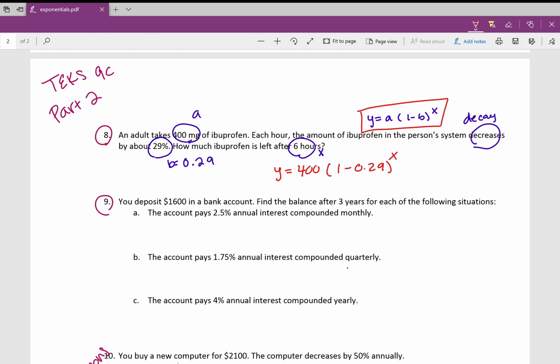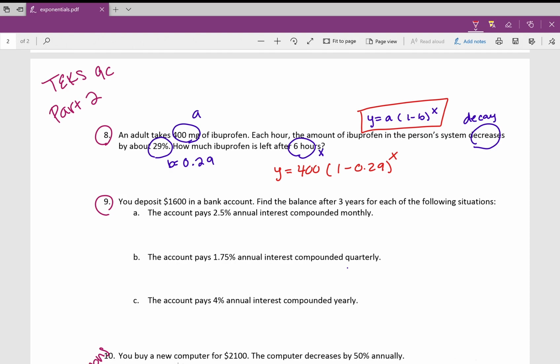If you did something like this on yesterday's assignment, then you got it correct. Even if you combined the parentheses, so if you did 1 minus 0.29 and got a simplified answer, that still was correct. For those of you who plugged in a number for x, that is not the equation, that is solving it.